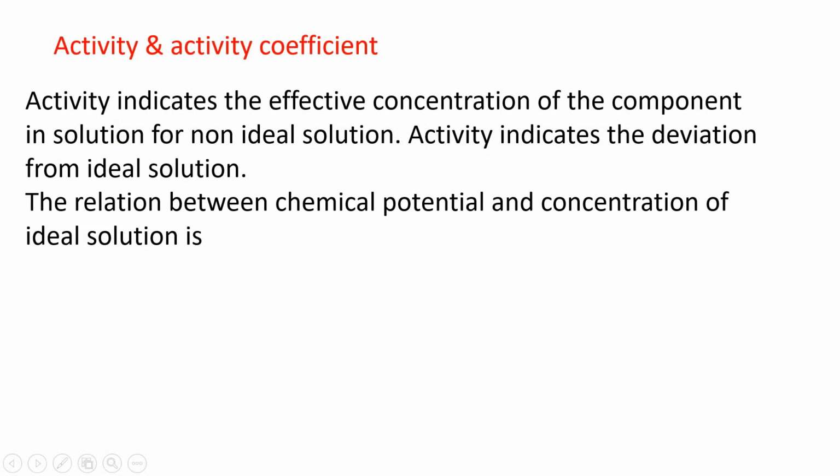So, activity and activity coefficient. You must be familiar with the term activity. In electrochemistry, you have observed that if we take one dilute solution of an electrolyte and one moderately concentrated solution, that means not very dilute, of the same electrolyte, then the conductance will be almost the same.